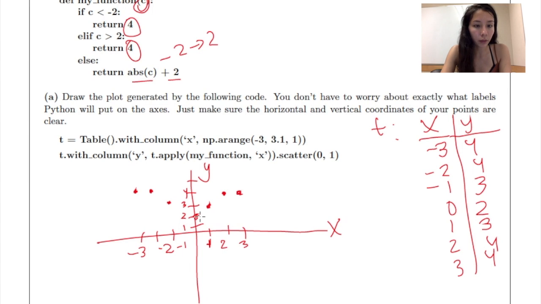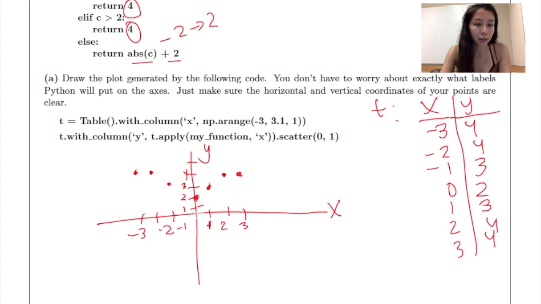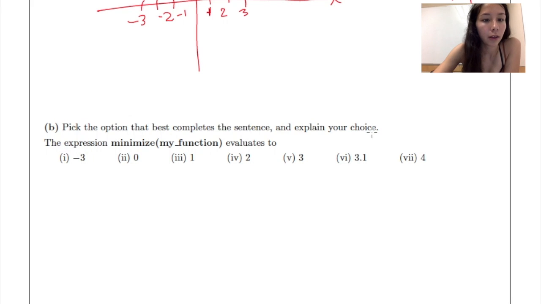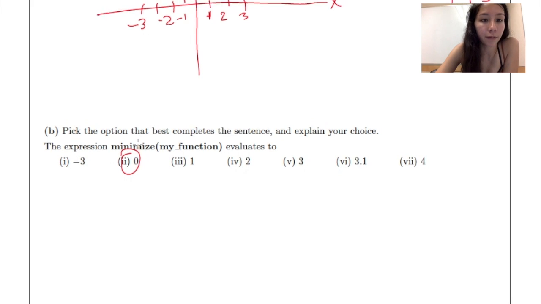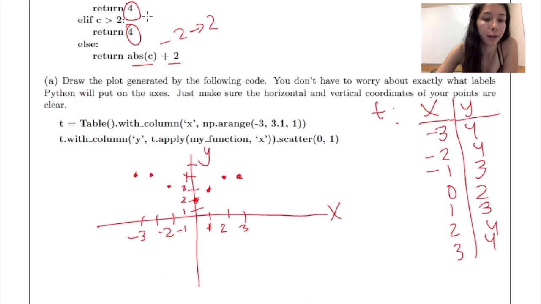And if we look here, at this point where we have x equals 0, this is the minimum value of the function because it's just returning 2, which is smaller than 3 or 4, which are all the other values returned by this function. So our answer is actually going to be 0, which I think is a little bit confusing because it's going to be returning the minimum value of 2, but minimize is going to actually give us 0 because that's the argument that we pass into the function to get this minimum value.